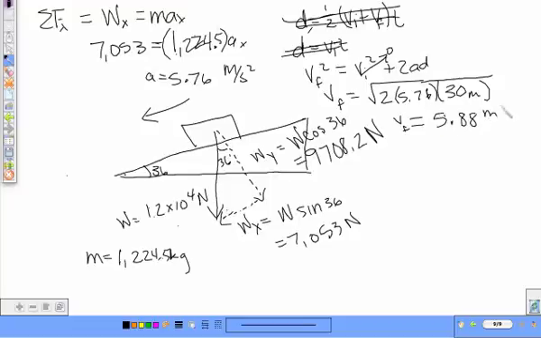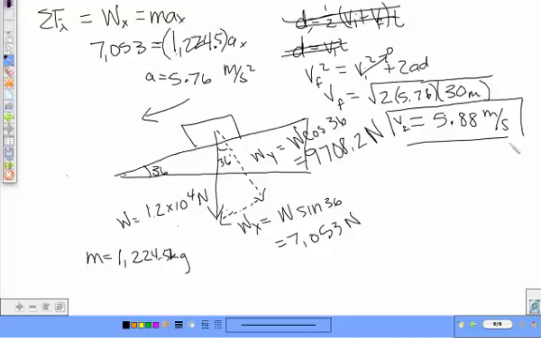5.88 meters per second. Yep, there you go. See how we can tie all that stuff from chapter 2 or 3, whatever that was? Yeah, I got 18.6.